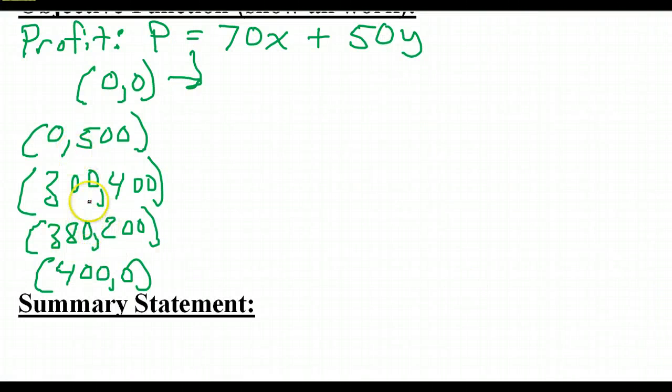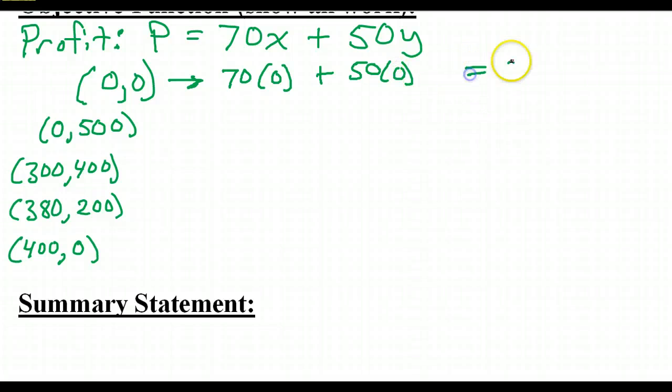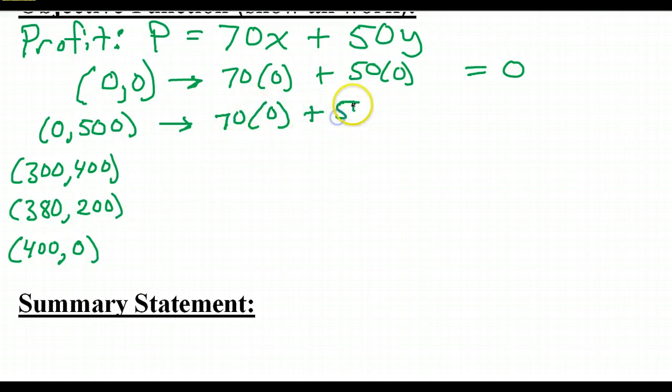Apologize for the sloppiness. Maybe I'll clean it up a bit. So these are the 5 vertices. As I put them in, this one is always the easy one, because that just gives me 0. When I put in this one, I got 70 times 0 plus 50 times 500. 50 times 500 is 25,000.